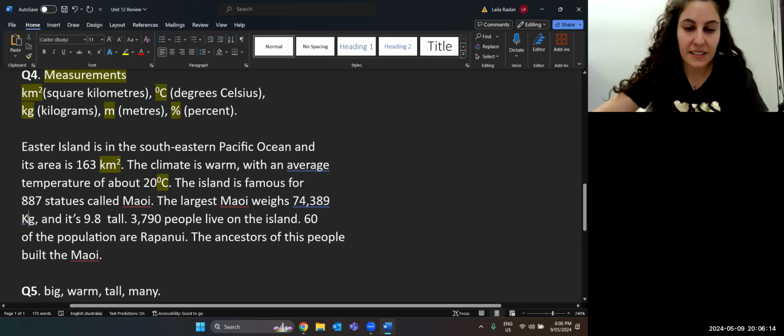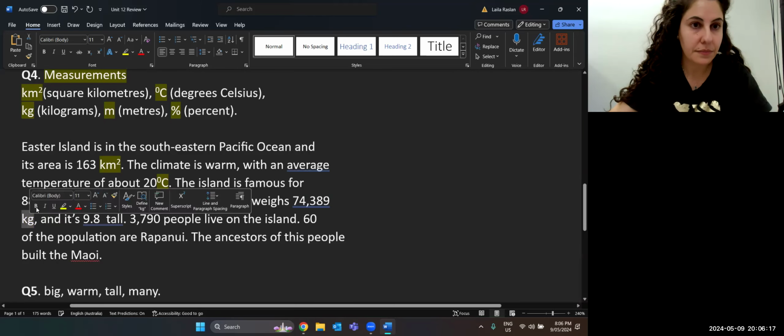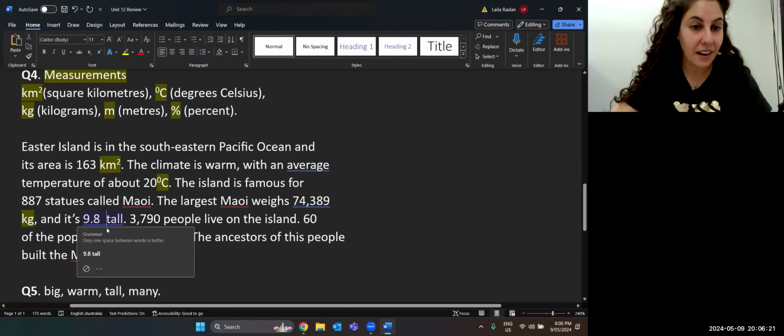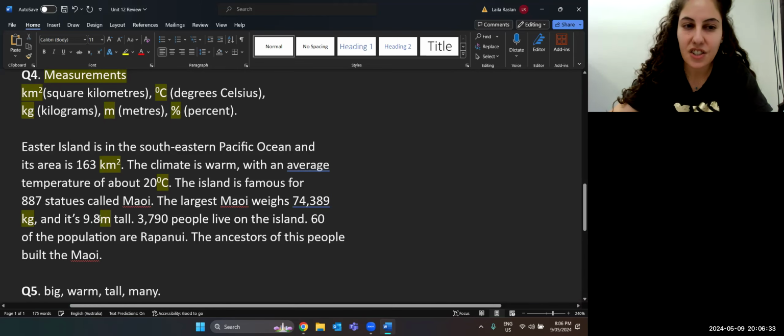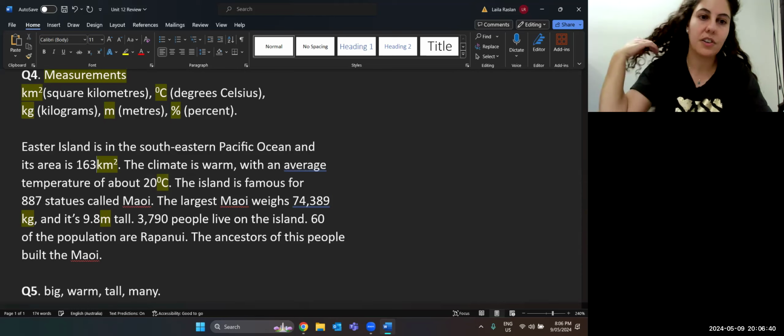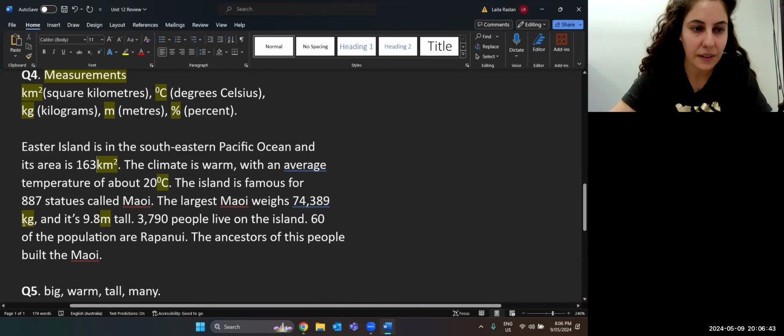So we need to say kilograms. And it's 9.8 meters tall. Now, meters, you can see that it's attached to the number, the same as this one. And even kilometers. So if you want, you can attach it directly to the number. You don't have to put a space. So 9.8 meters tall.